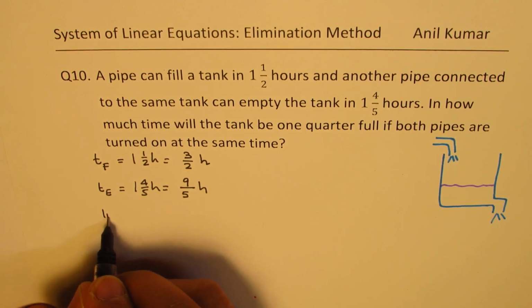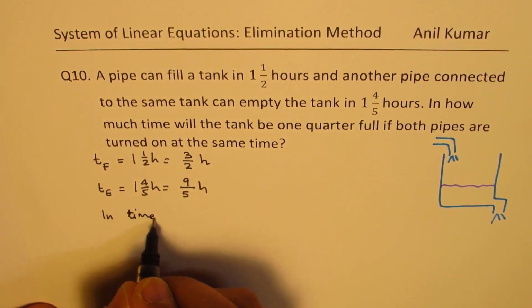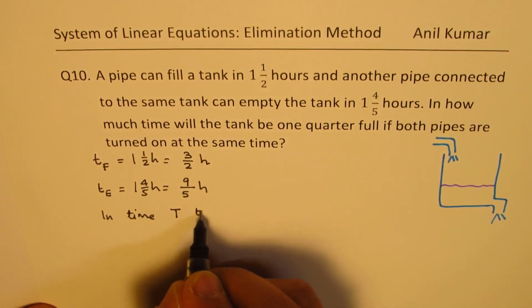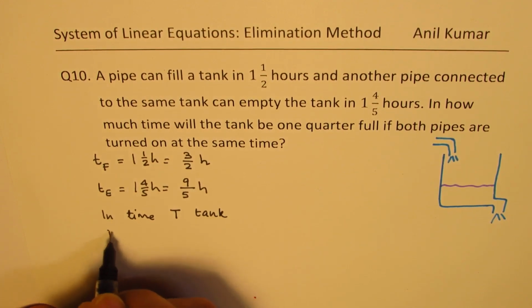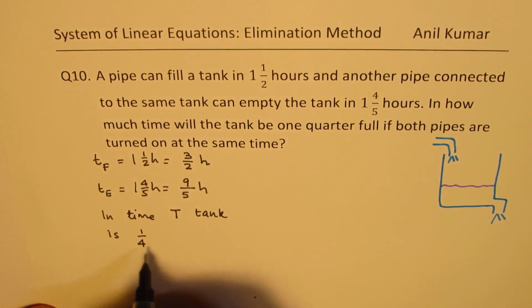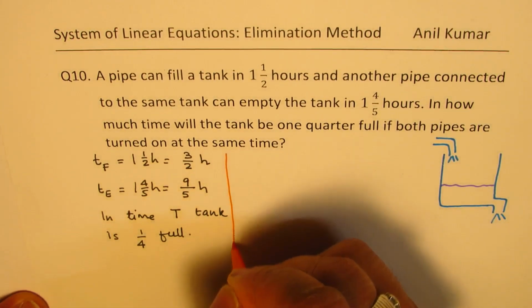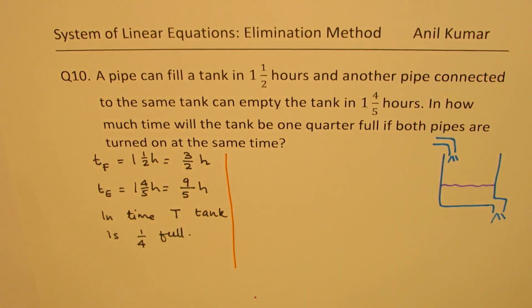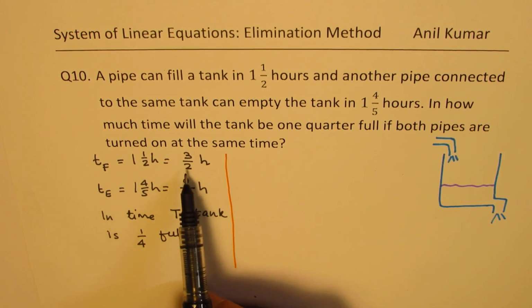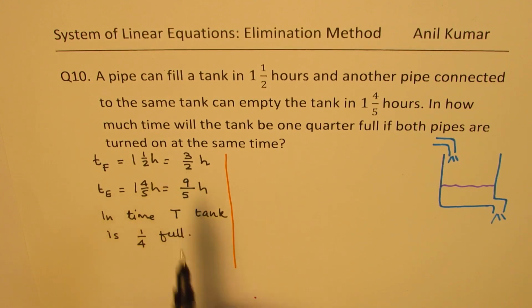So in time capital T, the tank is 1/4 full. Correct? So that is the condition given to us. Now how do we solve such questions? Whenever you have questions which are related to rate, right? So the rate here is 3/2 per hour, right?